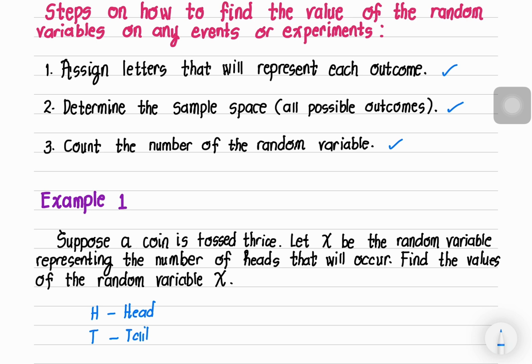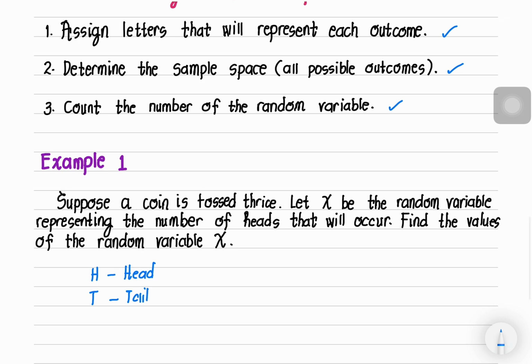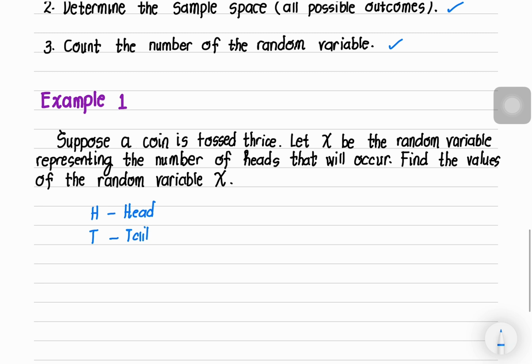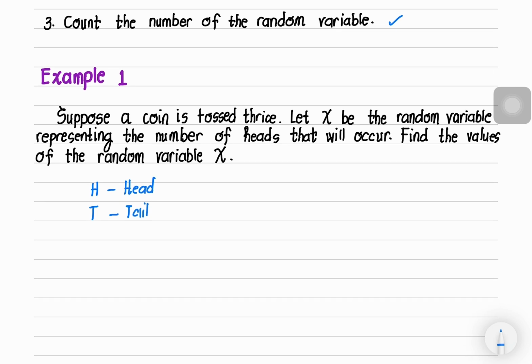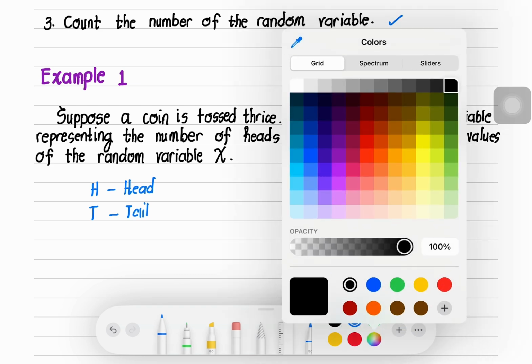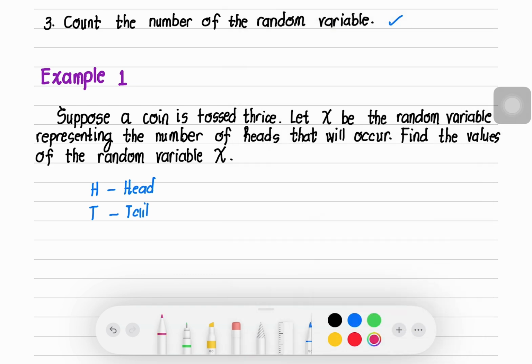And then, let's conduct an experiment, okay? So, sa first toss natin, of course, yung mga possible outcomes natin or yung pwedeng lumabas or yung chance na we have head or tail, right? Okay. Let me use another color.